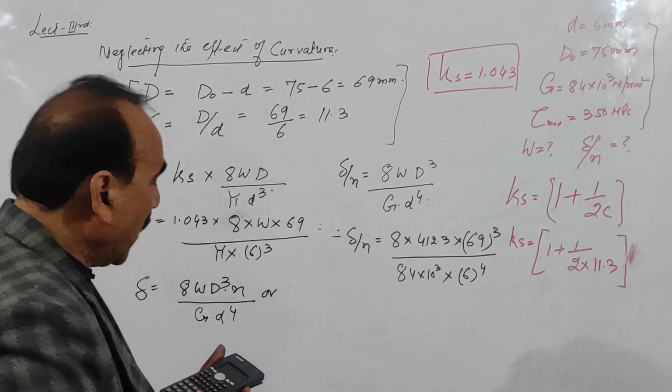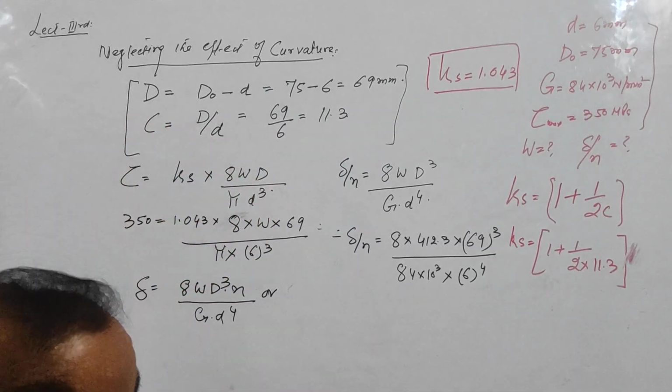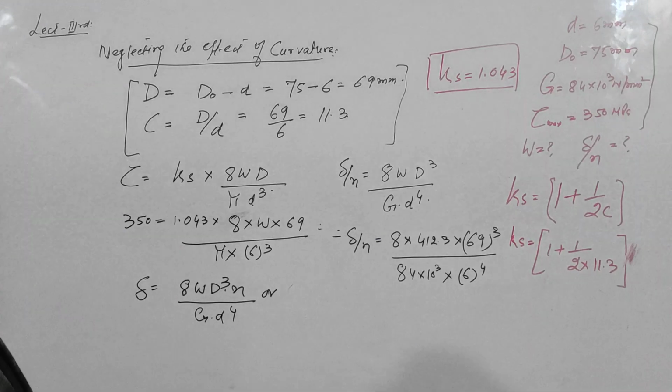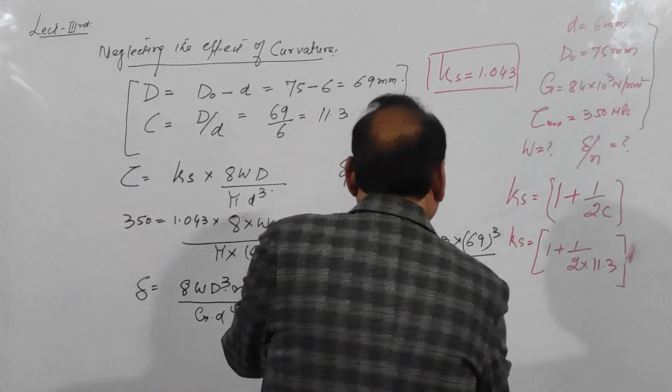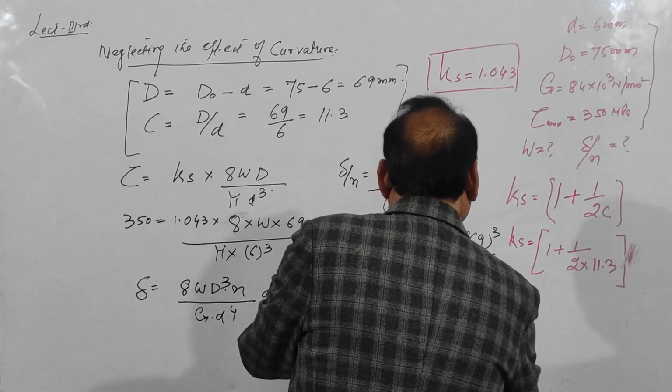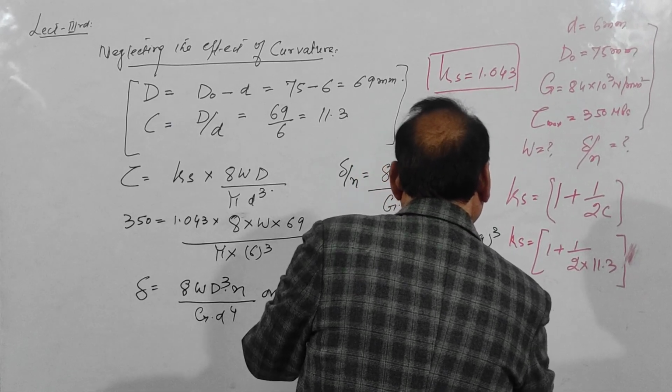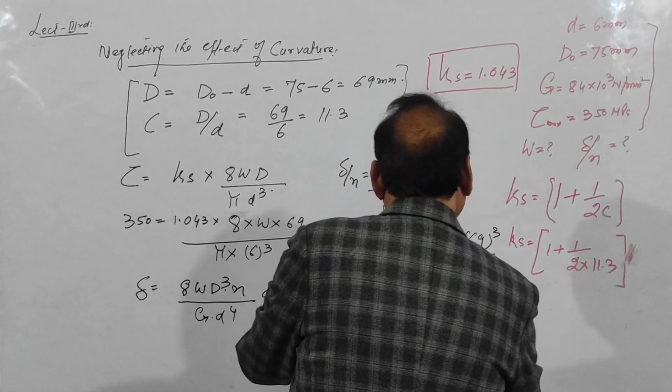This is your 9.95. Deflection per unit turn. This is your 9.95 mm.